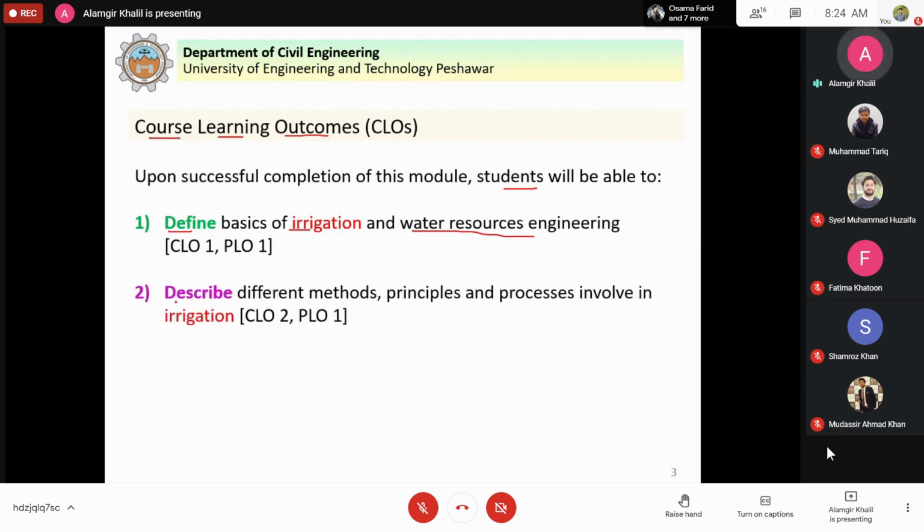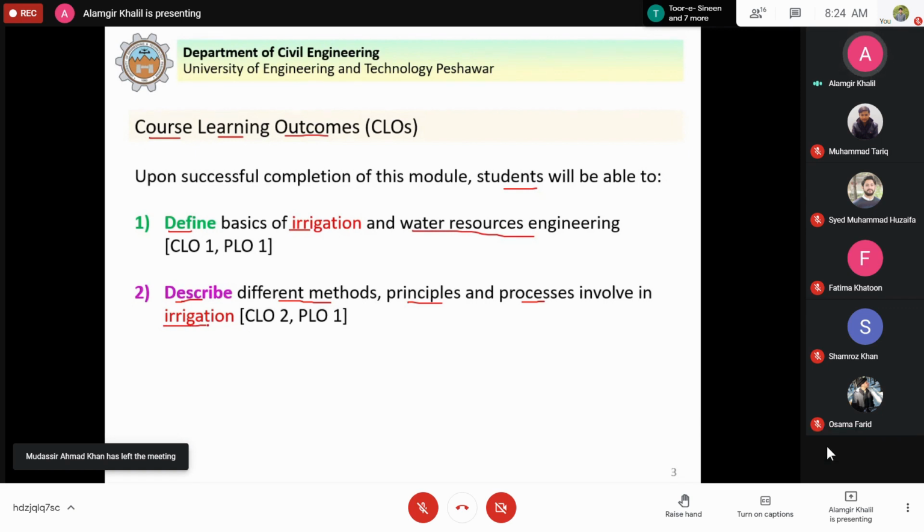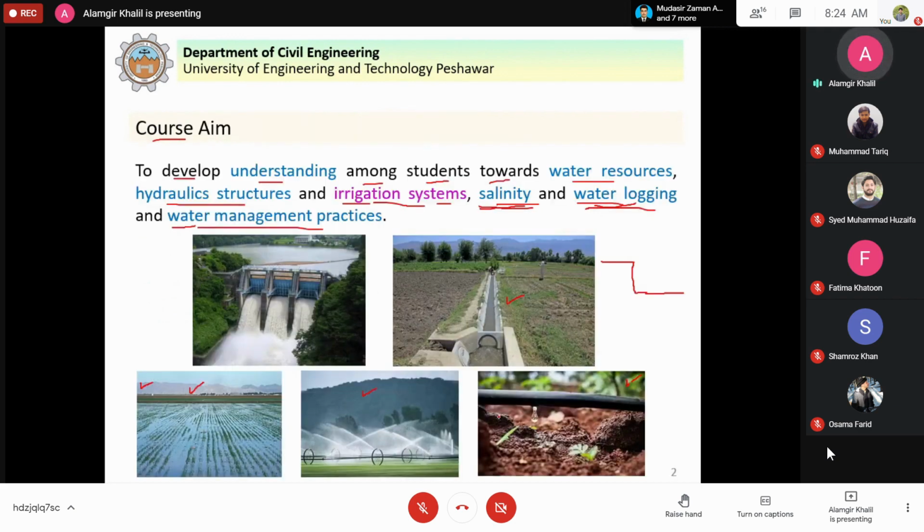The second CLO is to describe the different methods, principles, and processes involved in irrigation. You should be able to describe the different methods of irrigation, as I show you here, these different methods of supplying water to crops.